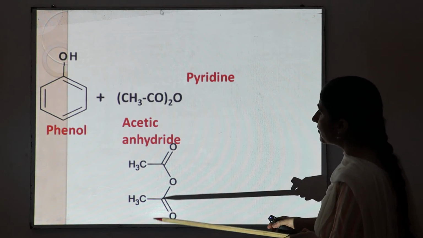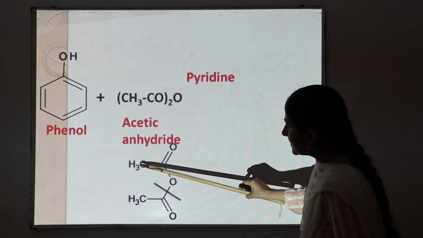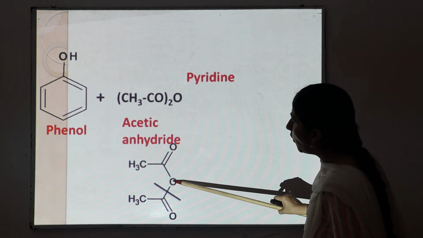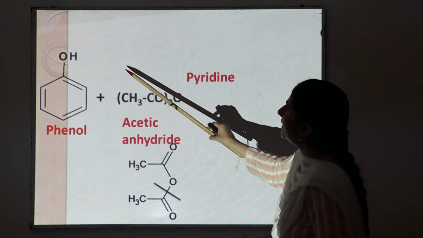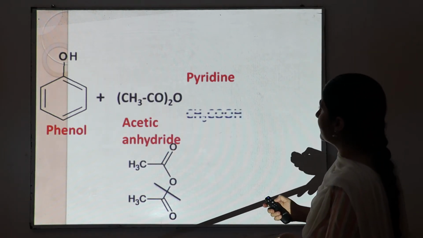Due to cleavage of the bond, this moiety, CH3COO, combines with the H positive of the phenol to form acetic acid.